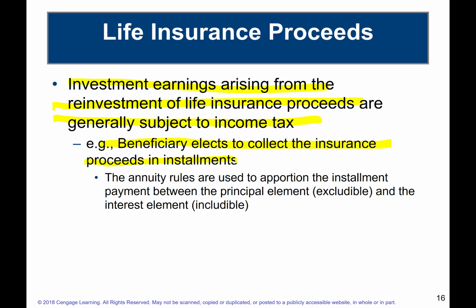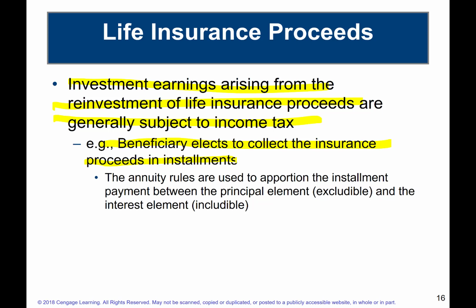So instead of taking the full $1 million insurance policy, whatever, you decide you're going to take so much a year for the next 20 years or something. Well, remember when we had the example of what you invested versus what you pull out, when we were talking about taking annuity payments. The same sort of thing applies here.